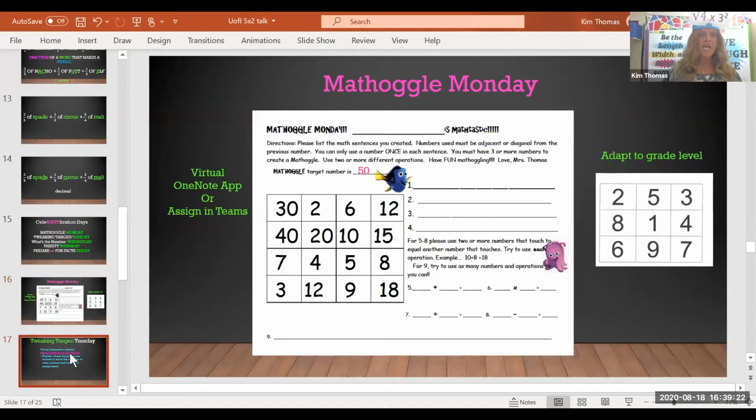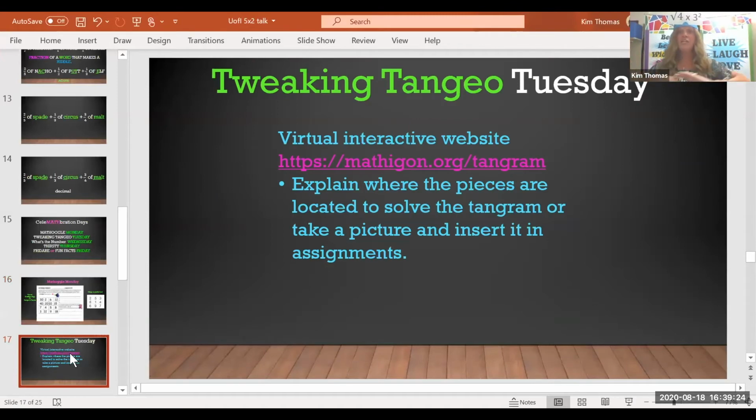And then we have Tangeo Tweaking Tuesday. When kids are at school, they'd have a tangram puzzle to do, and a lot of my kids go home to adult atmospheres. I want them to be a kid and to watch them think about how these pieces would fit together. Just gives me math bumps, and they just love working on puzzles.